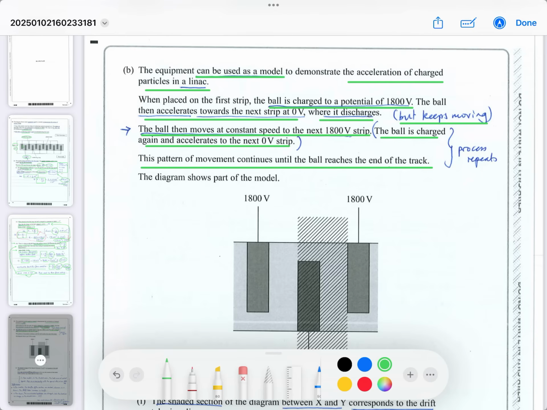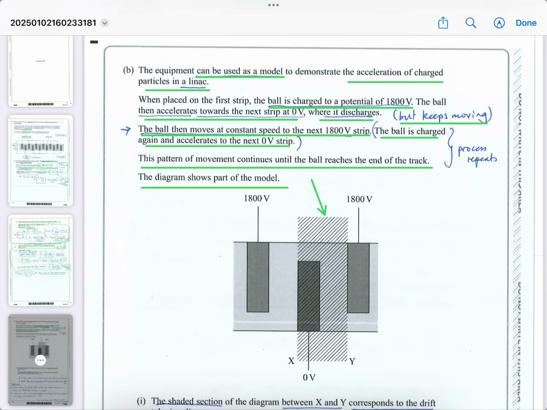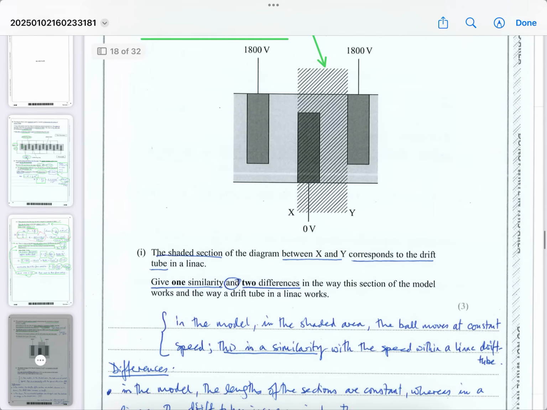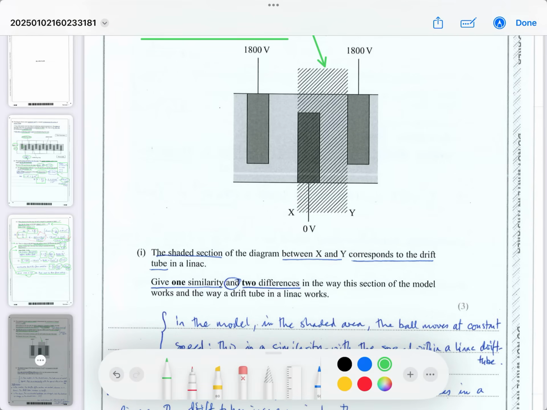The diagram shows part of the model here, and they want you to pay particular attention to the shaded area, xy. The shaded section between x and y corresponds to the drift tube in a LINAC.